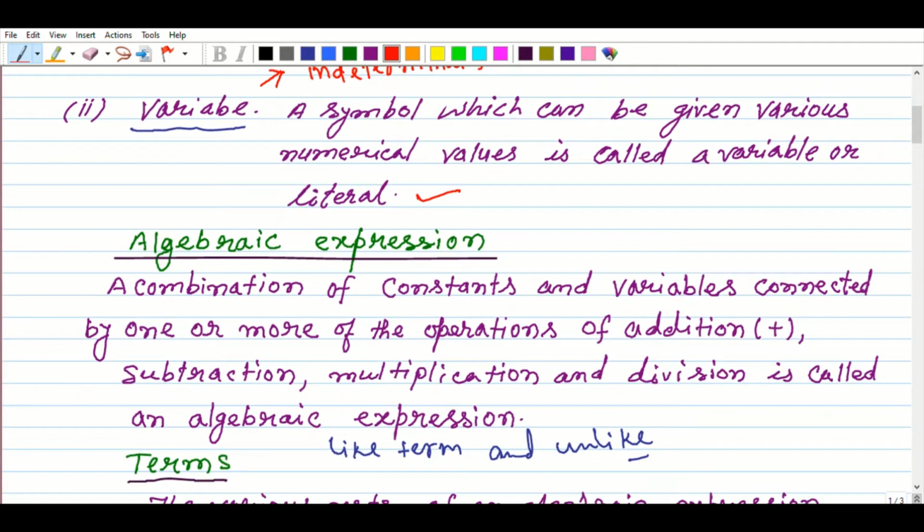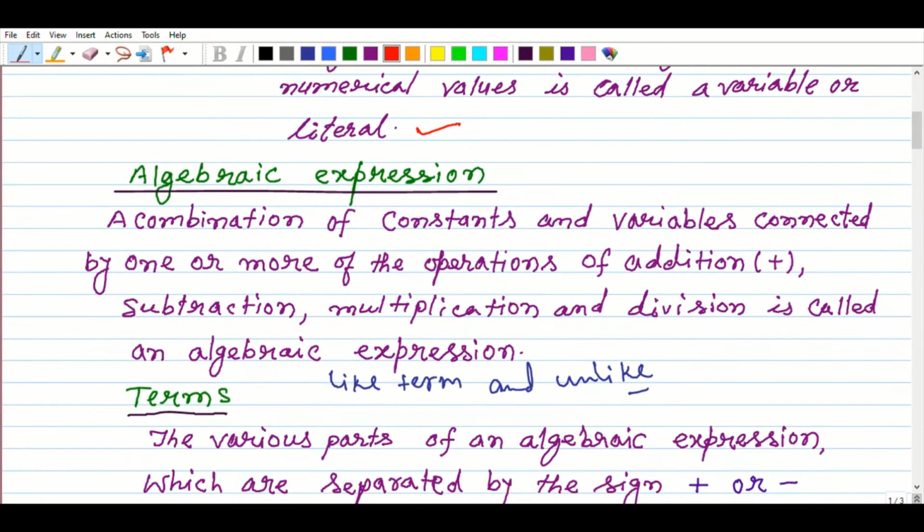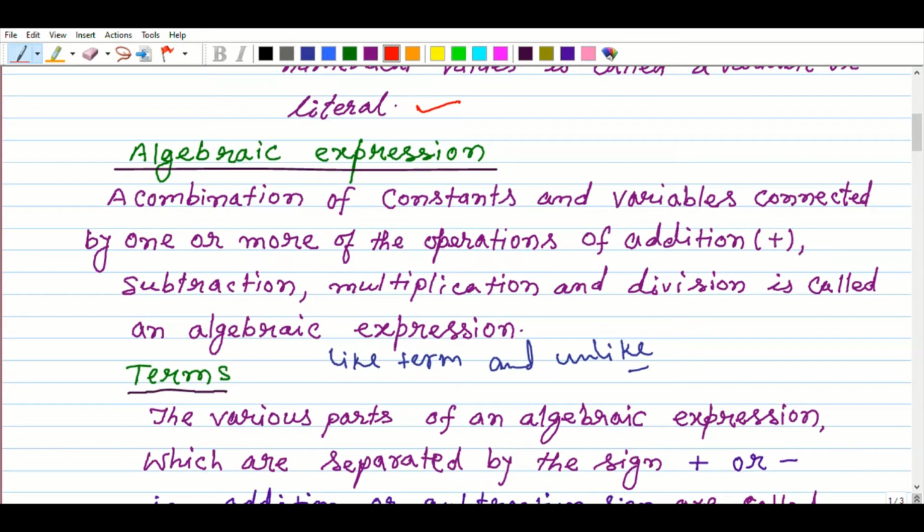Next is terms. The various parts of an algebraic expression which are separated by the sign plus or minus. Terms are always formed using plus or minus signs in an algebraic expression. But when you use a multiplication sign or division sign, it never makes more than one term, right?